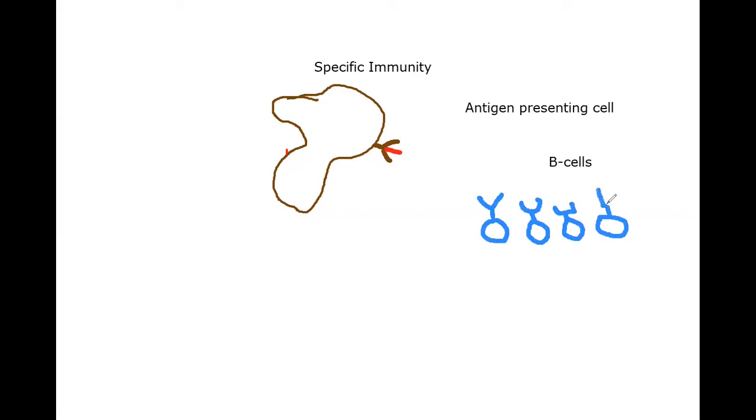So maybe this skinny red antigen from the previous cell fits into this B cell. Now, this B cell can get excited. It will activate, and it will start an entire process that will tell the body how to defeat the particular bug that invaded.